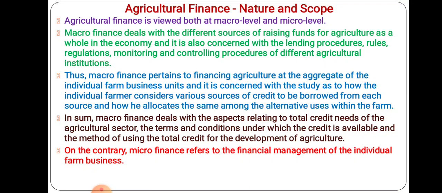Thus, macro finance pertains to financing agriculture at the aggregate of individual farm business units, and it is concerned with how the individual farm considers various sources of credit, how much to borrow from each source, and how he allocates it among the alternative uses within the farm.